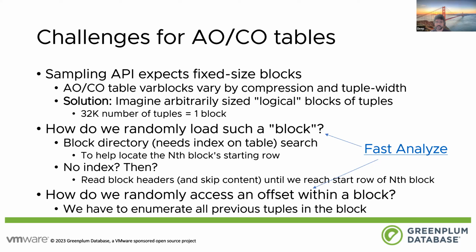For heap, it's 32K blocks. AOCO tables, unfortunately, do not have fixed size blocks. They have variable size blocks called var blocks, which vary by the type of stuff inside, the data types, and also the compression settings. But we need fixed size blocks for this framework.